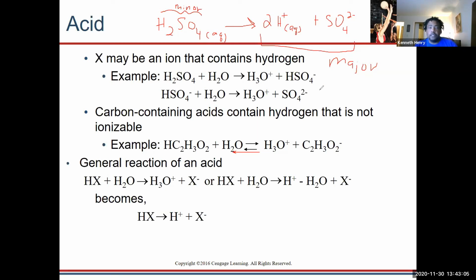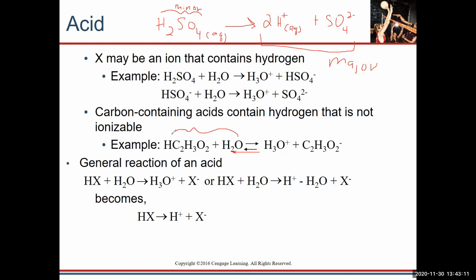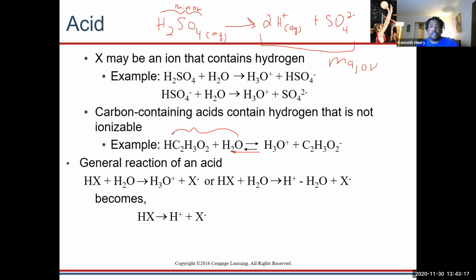Okay? So in a weak acid, your major species is going to be this guy. I have a question. What do you mean you don't see a lot of it? Don't see a lot of it in what? In the solution. Because in a chemical reaction, you don't always get 100% separation. This guy here is about 99.9999% separation.